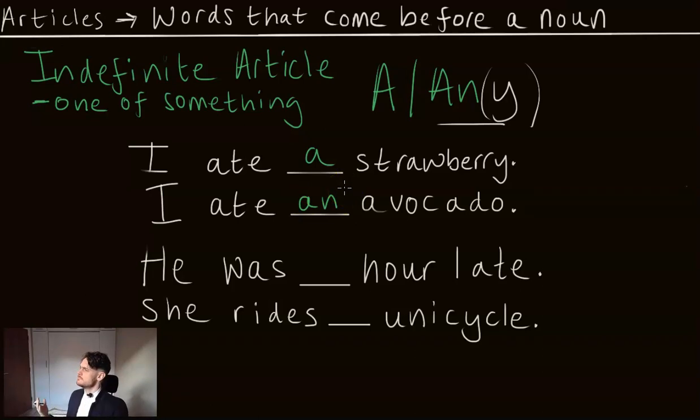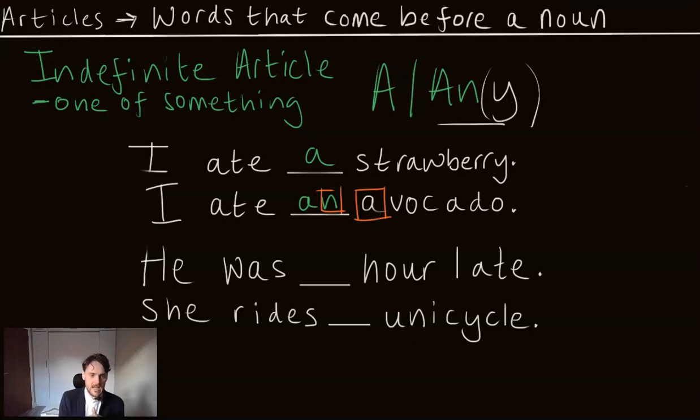Why an avocado? First of all, it's because it was indefinite. It wasn't important like the strawberry. It was one of something. It was any avocado. The reason why we use the n is because of the sound at the beginning of the next word.